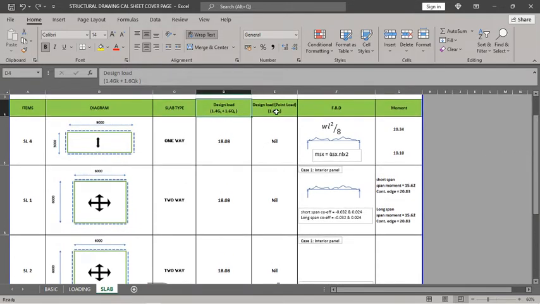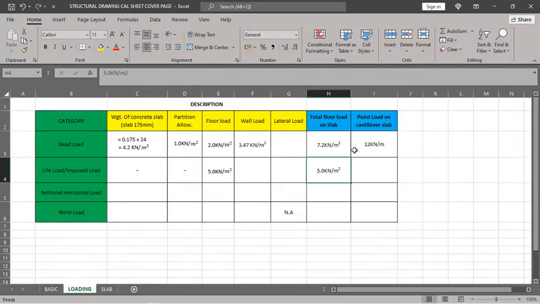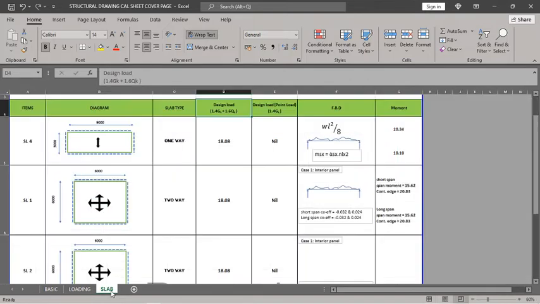Then I also have the design point load, which means the wall load that will be coming on the edge of the cantilever. This is the load, multiplying the unit weight of wall by the height of wall, and that's what we have here.